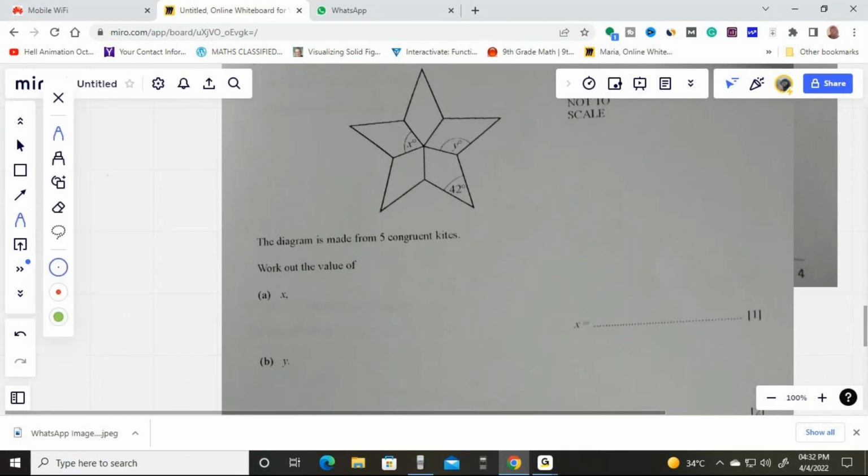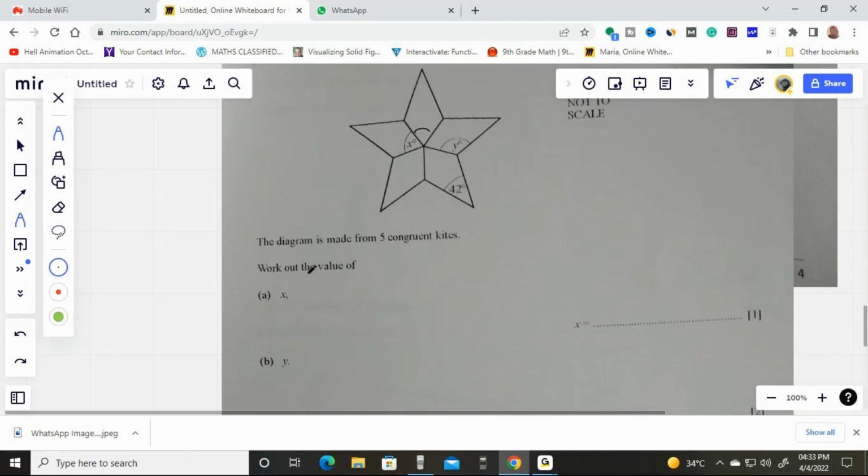Now we are having here a nice star. It is a polygon and it is formed by combining 5 congruent kites. This is kite number 1, 2, 3, 4, 5, and so on. Now they have just given us that this angle is x.